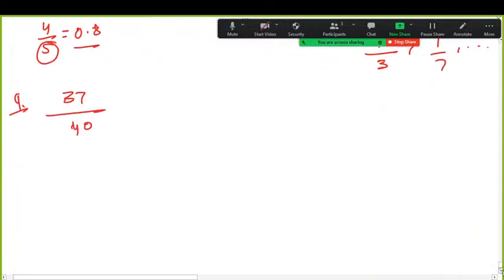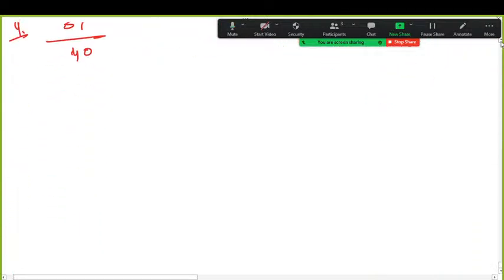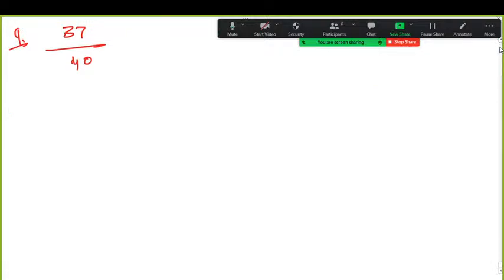Okay, alright. 37 over 40. Can you just solve this? Okay. So first we'll have to check if it's terminating or non-terminating. So first we'll factorize 40. 40 divided by 2, 20.